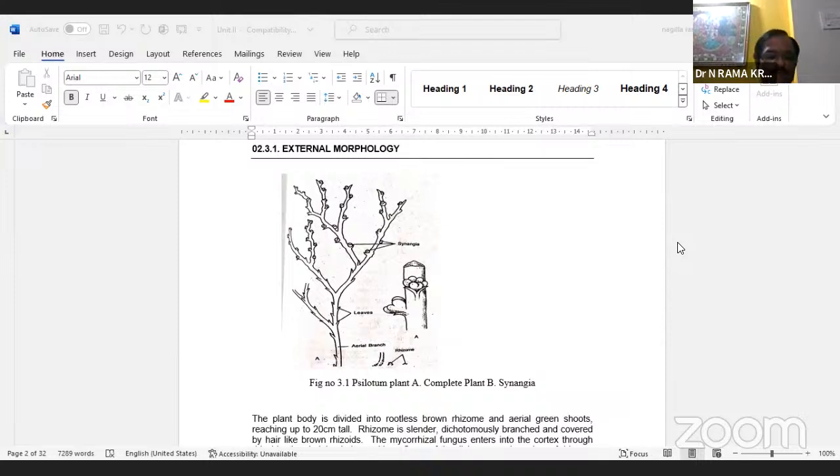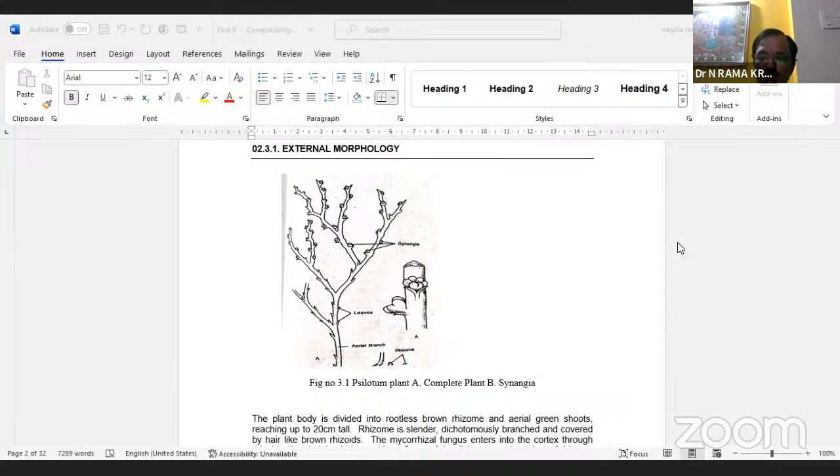So these are the theories of stellar evolution in pteridophytes. One is the protostele, and the second is the siphonostele. Next, the modifications of siphonosteles.